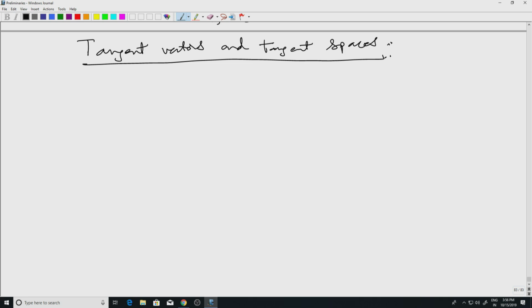So to motivate the definition of a tangent vector, let's in fact start with the simplest manifold, namely Euclidean space itself. We already know the case of Rn as a manifold.